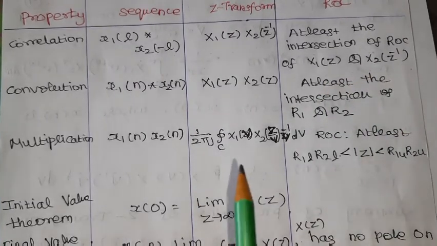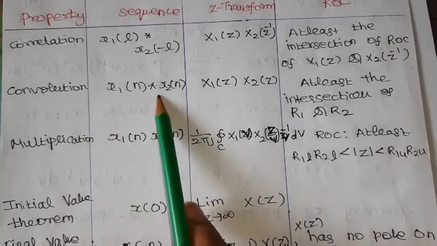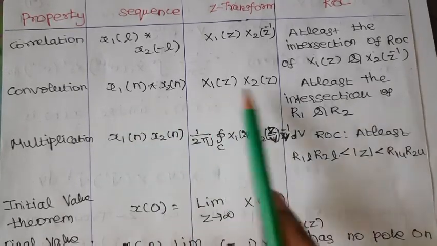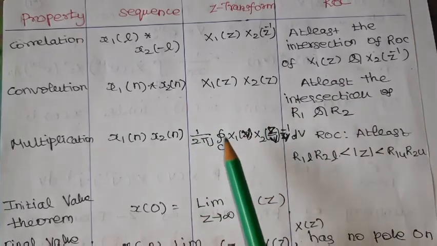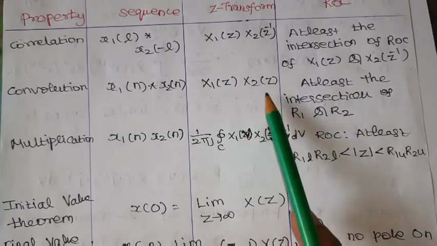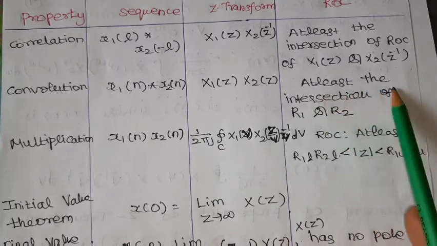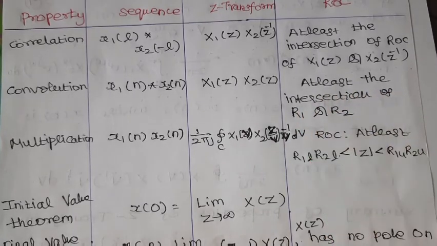Next, the convolution property: x1 of n convolved with x2 of n gives the multiplication x1 of Z into x2 of Z, with ROC at least the intersection of R1 and R2.